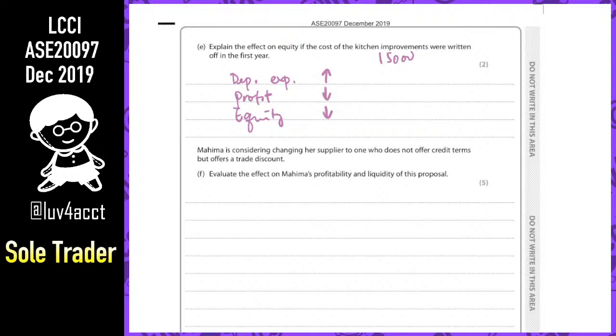Mahima is considering changing her supplier to one who does not offer credit terms but offers a trade discount. Evaluate the effect on profitability and liquidity of this proposal. This one is good because this is basic, I think.